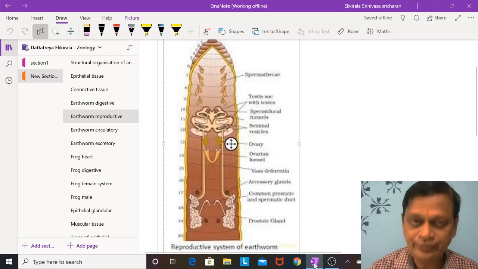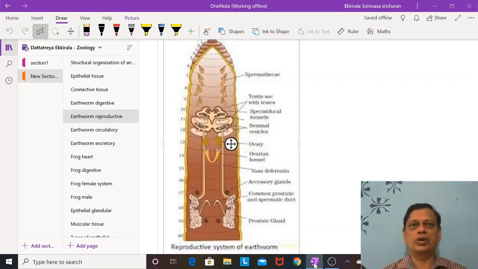It is a bisexual organism, male and female reproductive organs present in same segments.